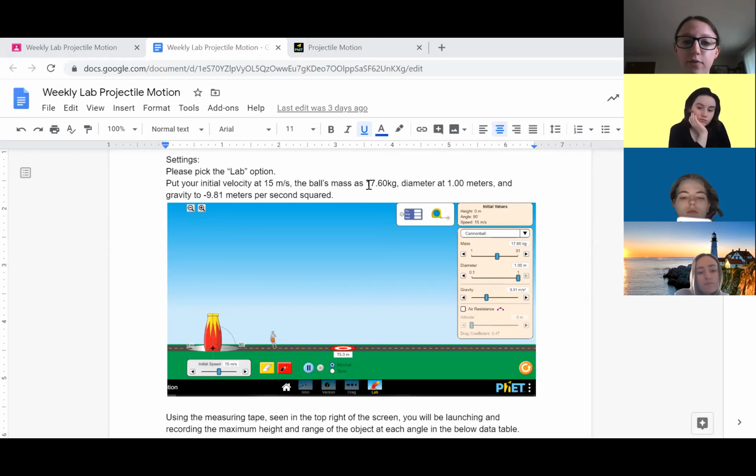Your ball's mass is going to be 17.60 kilograms. The diameter of it is 1 meter. And you're also going to make sure that your acceleration due to gravity is set at negative 9.81 meters per second squared. I also included a picture just to help you see what that's going to look like.